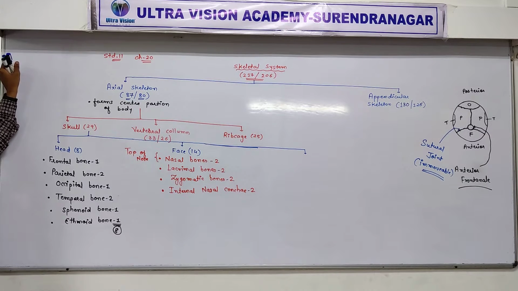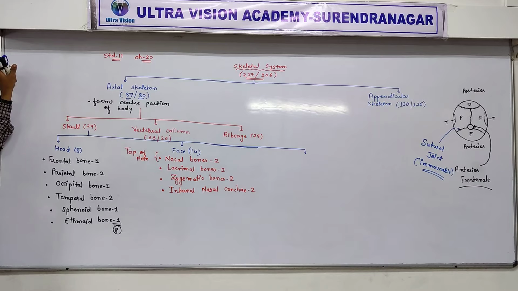Yes, it forms the internal cavity of the nose. You know that nasal chamber. Yes, nasal chamber, it is separated by the nasal septum. Nasal chamber is separated by the nasal septum, and on one side internal nasal conchae is there, on another side internal nasal conchae is there, and in this way whole nasal chamber is generated.